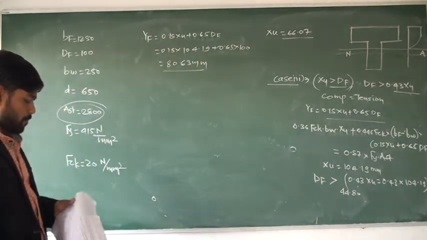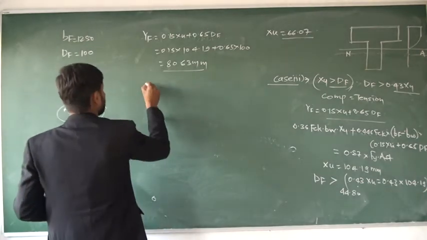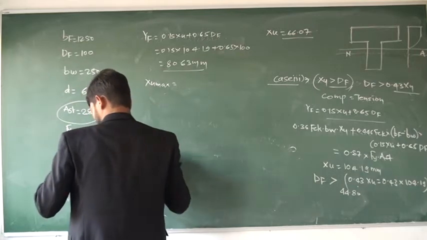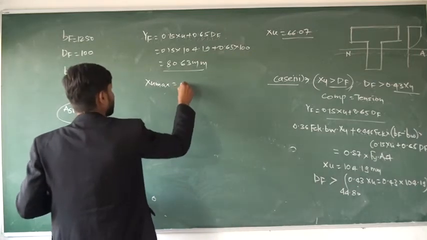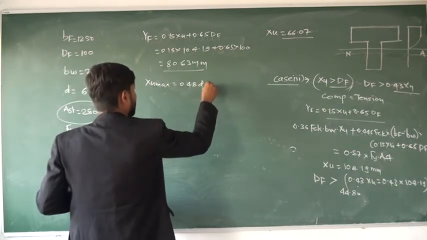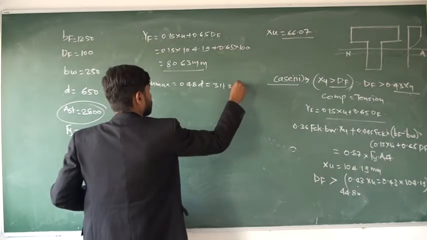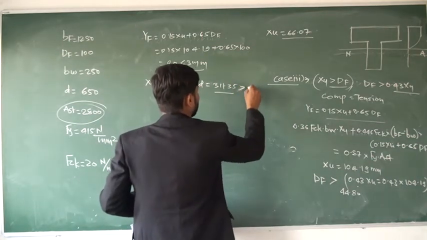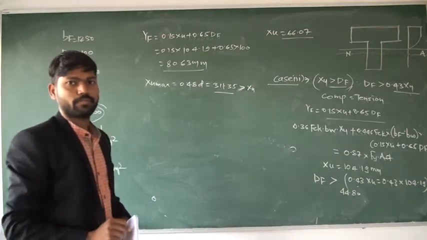Okay. Now we calculate the index. So first compare the value of xu with xu max. So xu max is 0.48 d, and its value is 311. So definitely xu max is greater than xu, so it is an under-reinforced section.